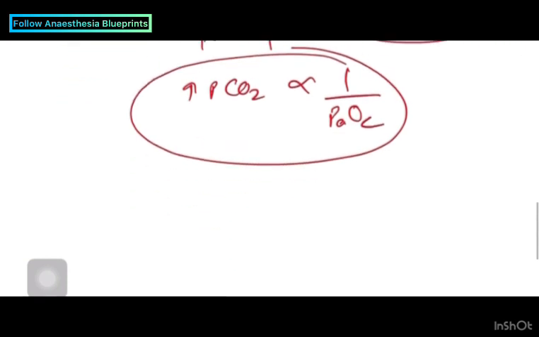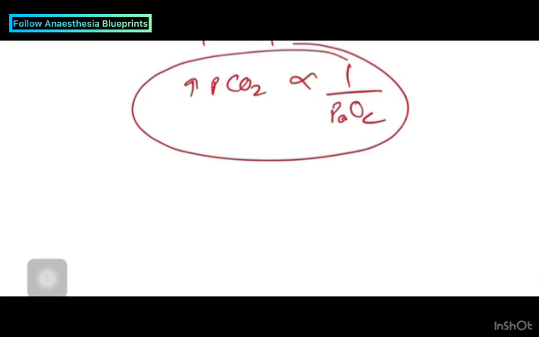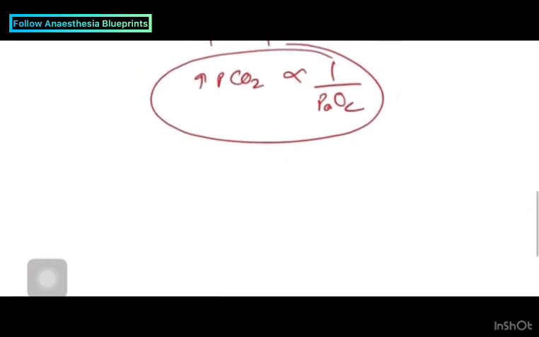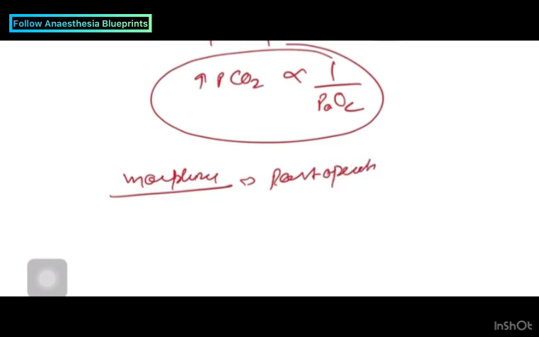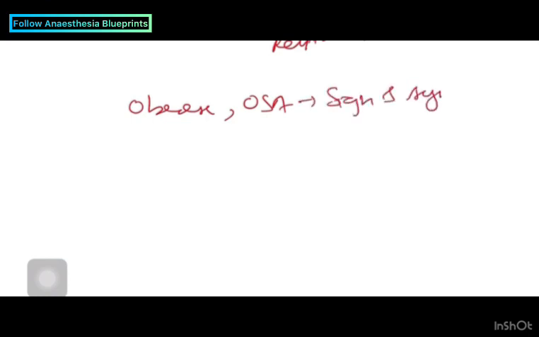So in the entire MCQ, what are they saying? They have started morphine post-operatively, which is a respiratory depressant, in an obese patient with OSA signs and symptoms.